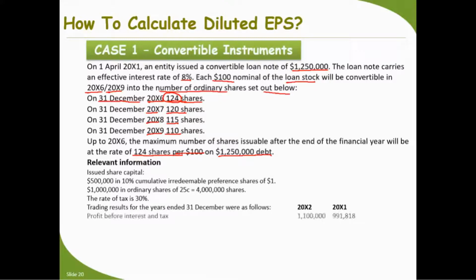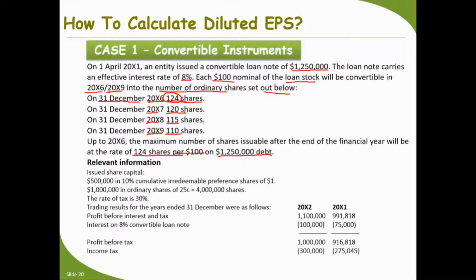Trading results for the year ended 31st December are as follows for 20X2 and 20X1. PBIT this, interest on 8% convertible loan notes this, then we have profit before tax, then income taxes, and then profit after tax.